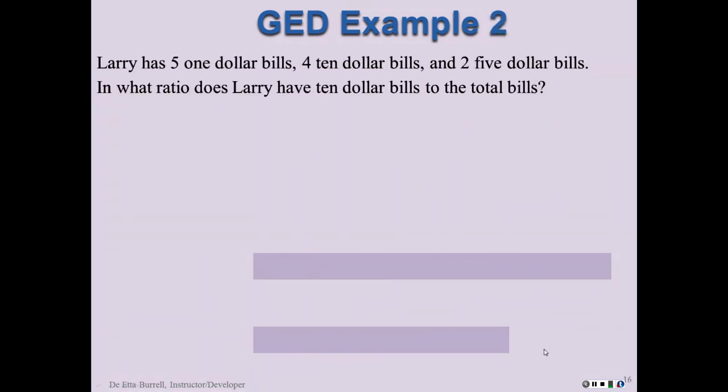Larry has 5 $1 bills, 4 $10 bills, and 2 $5 bills. In what ratio does Larry have $10 bills to total bills? Okay, tell me what the right answer is.